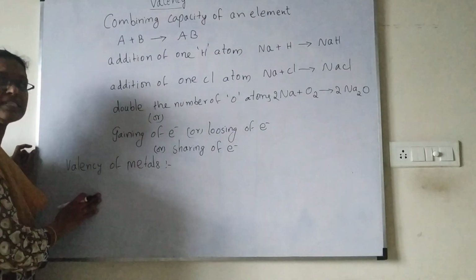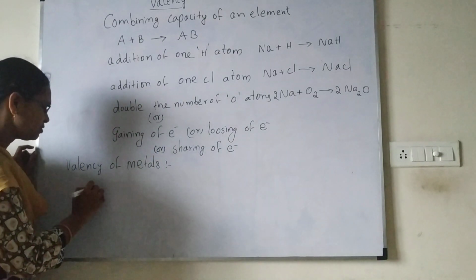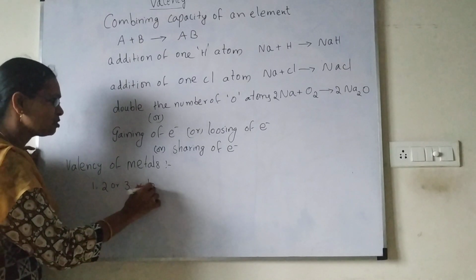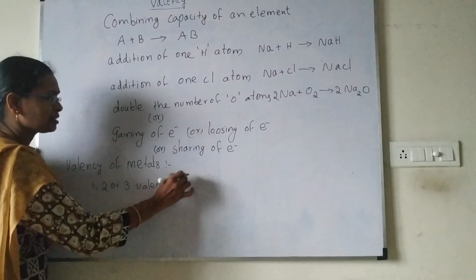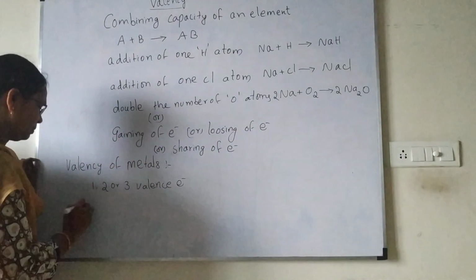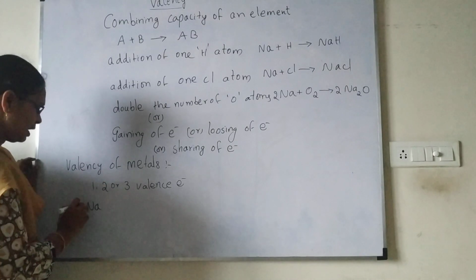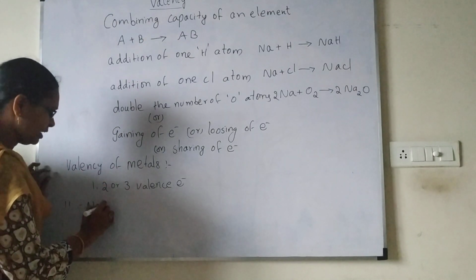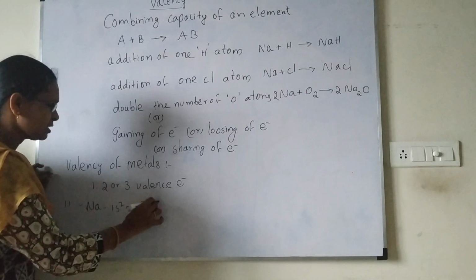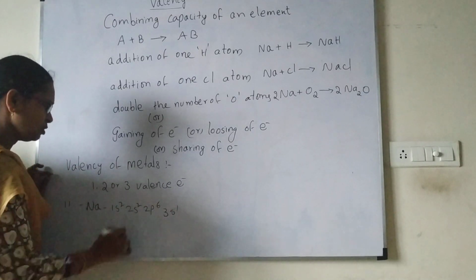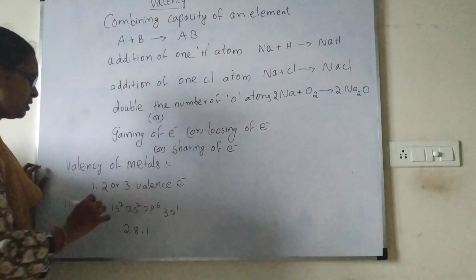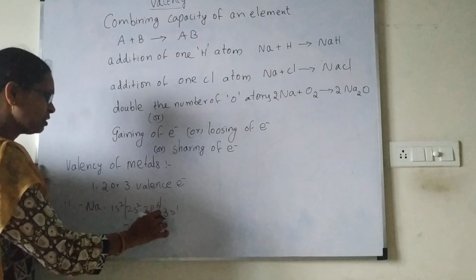When you consider metal atoms, they will have 1, 2 or 3 valence electrons in the valency shell. For example, I will take sodium. Atomic number of sodium is 11. I will write the configuration 1s2, 2s2, 2p6 and 3s1. So I write this as 2, 8, 1. First shell, second shell and third shell.